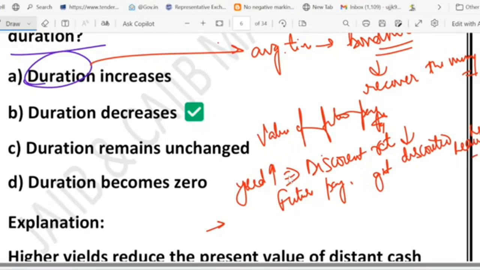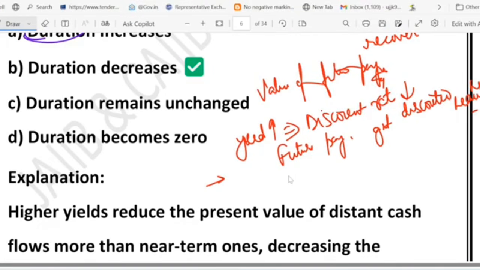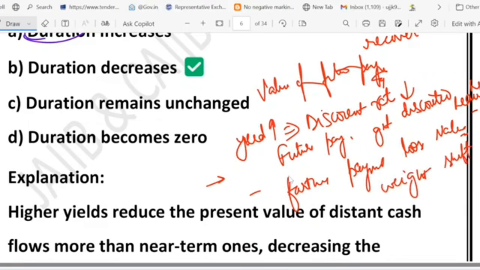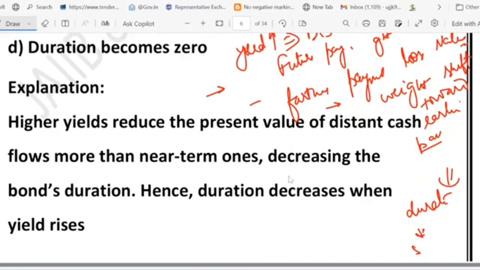That means further payments lose more value compared to the nearer ones. So the weight shifts toward earlier payment. And since the weight shifts toward earlier payment, your duration becomes short, or duration decreases, right?